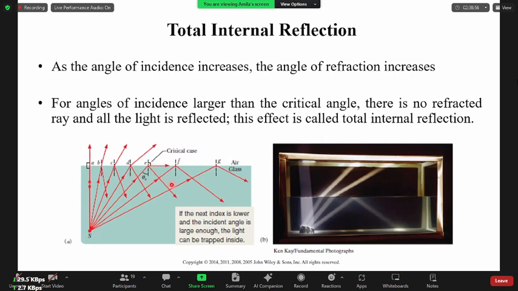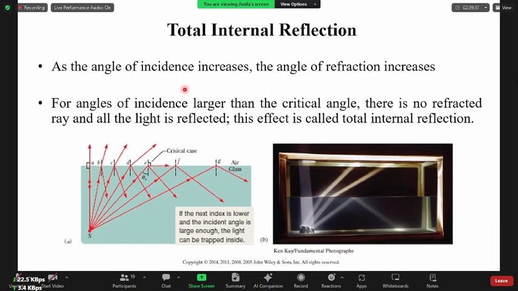So if I increase it more, what will happen? The refracted ray converts to reflection, so now this light goes into the same medium again. In these cases you can also see a small part of the incident light is partially reflected.